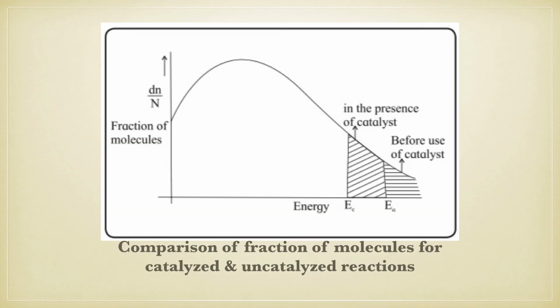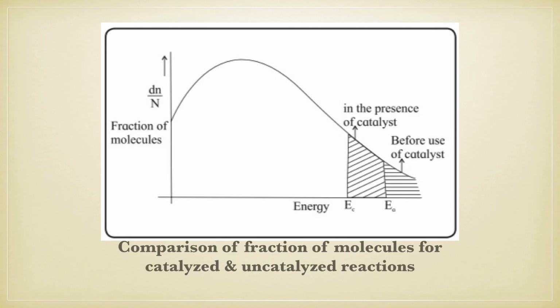Again we'll see one graph where we'll do the comparison of the fraction of molecules for catalyzed and uncatalyzed reaction. Over here, this is a plot of the fraction of molecules as a function of energy. A catalyst lowers the threshold energy.